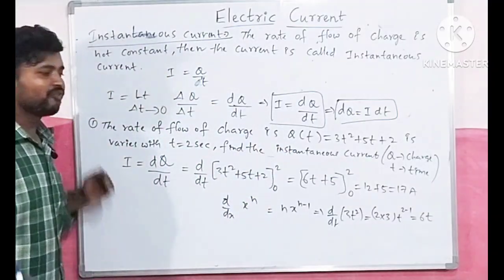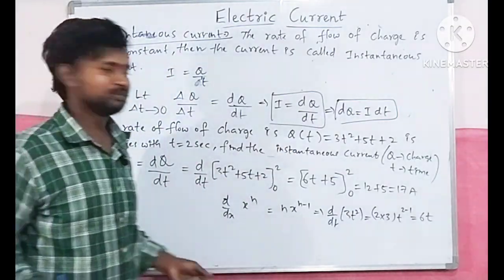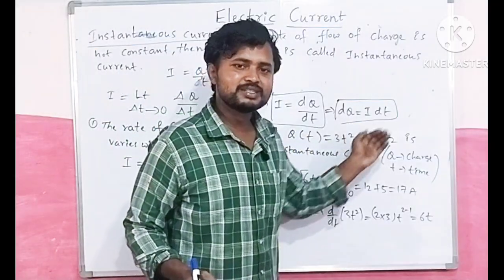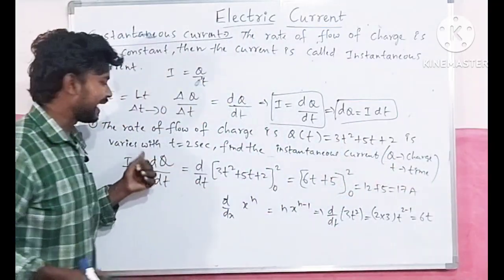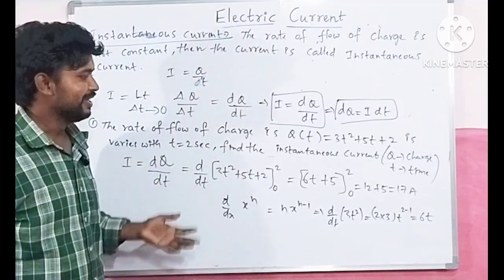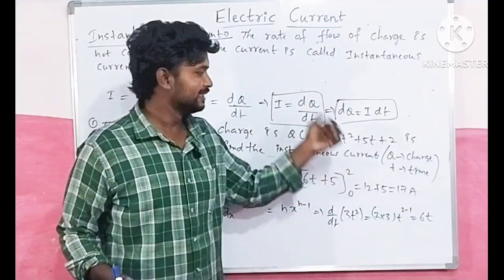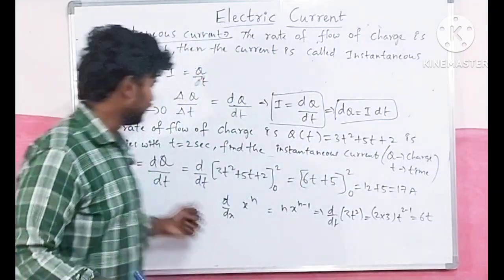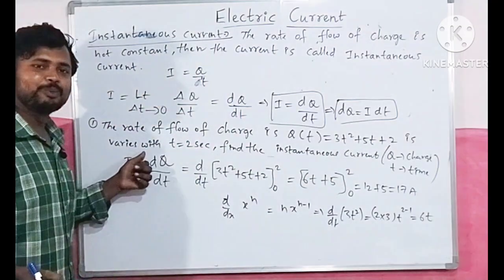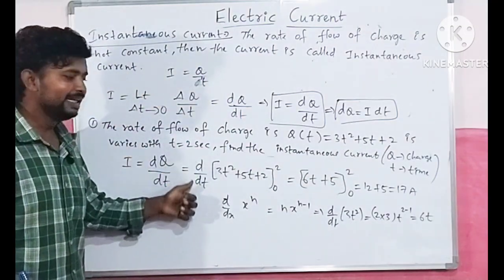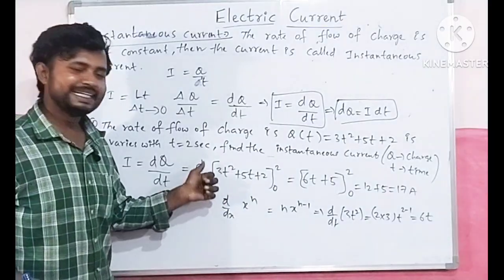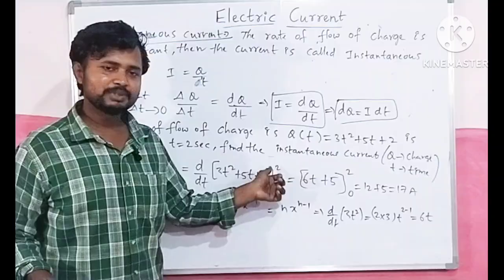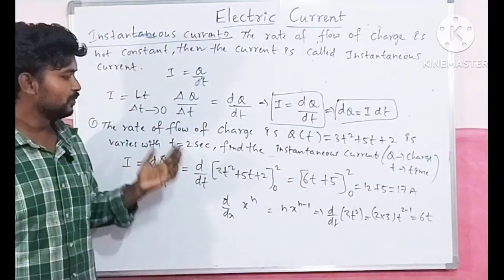So the charge varies with time. Q(t) equal to 3t square plus 5t plus 2, with t equal to 2 seconds. Find the instantaneous current. Q represents the charge, t represents the time. We know that I equal to dq by dt, so d by dt of 3t square plus 5t plus 2, with time varying from 0 to 2 seconds.